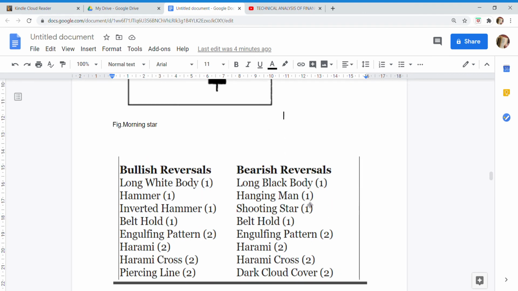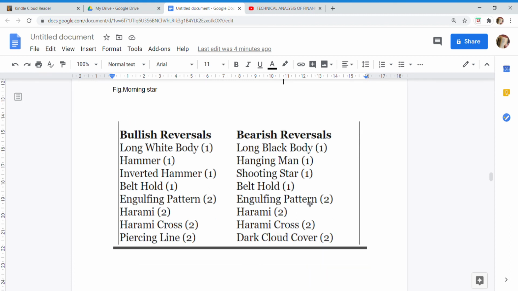So this is a list of reversal patterns, bullish reversal and bearish reversal patterns. You can screenshot this list. You can screenshot this first part.